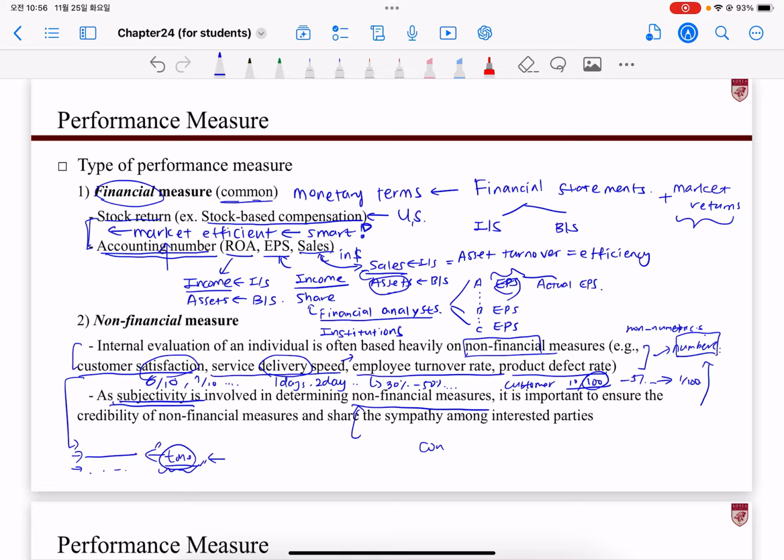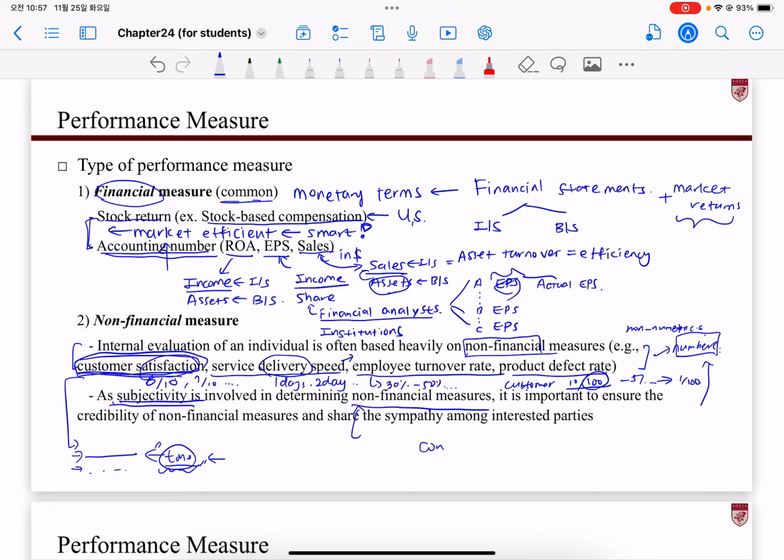Let's say, if we are rated upon the customer satisfaction and some employees say, hey, the customer satisfaction score is not very accurate, so why should we be evaluated based on the inaccurate measure, right?